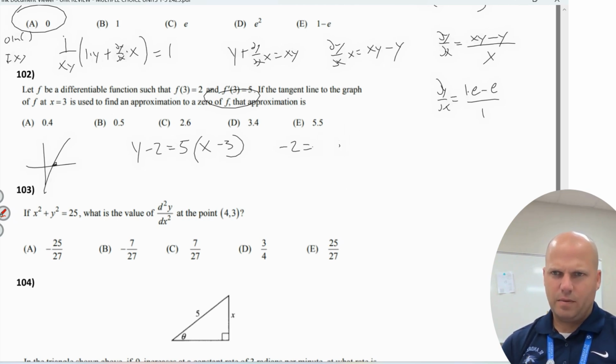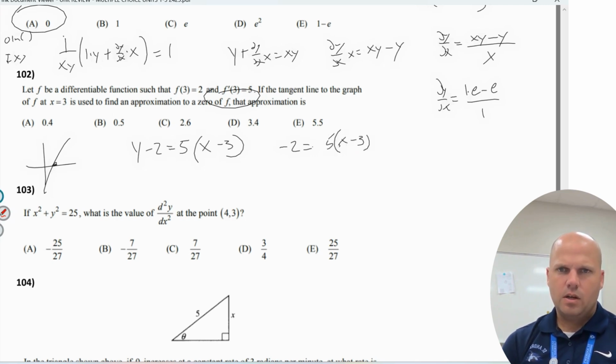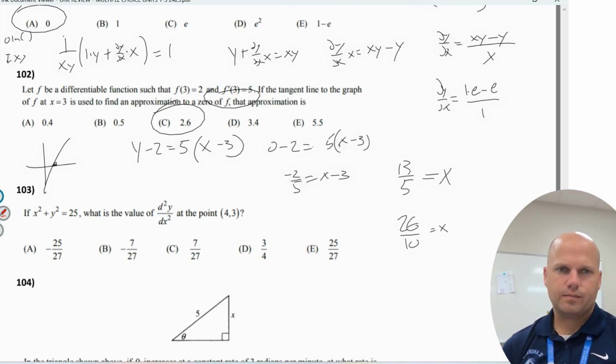Yeah, why don't we just divide by 5? Why don't we not distribute 5 times x minus 3, plugging in 0 for that. So I got -2/5 equals x minus 3. I'm going to add 3, which is 15/5. 15, 14, 13/5, which is 26/10, which is 2.6.